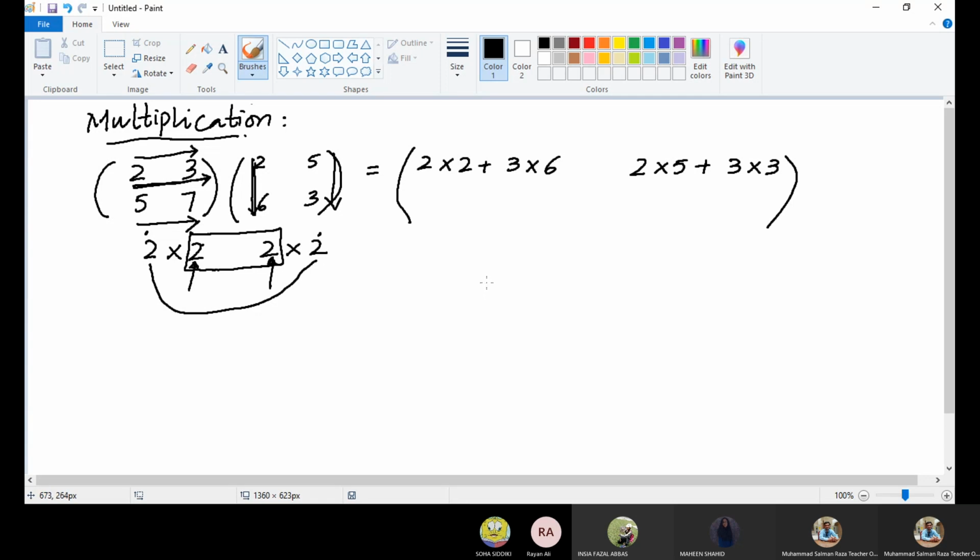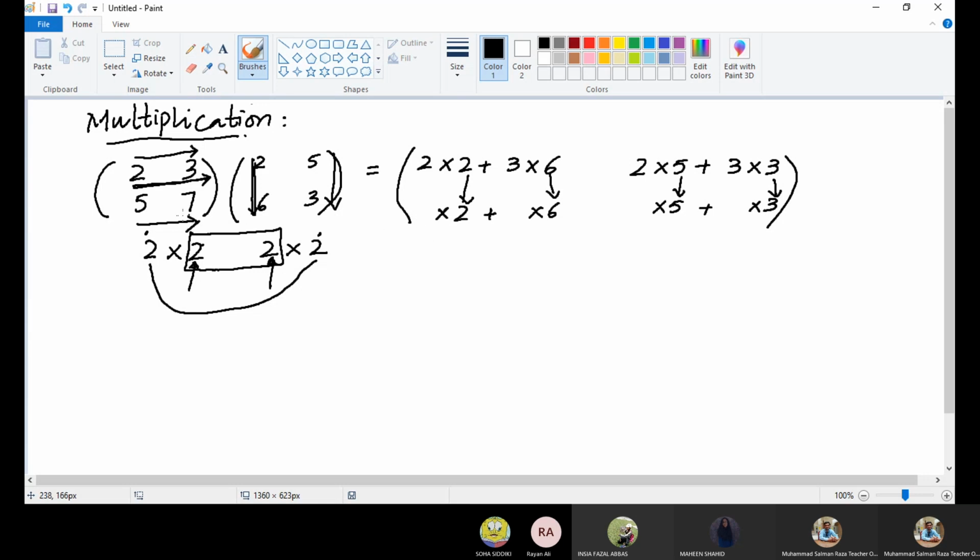And the shortest trick for this is keep on writing the second number as it is, after some gap, and you will see that I have copied down these numbers as it is over here. And now I'm going to fill the blank part.